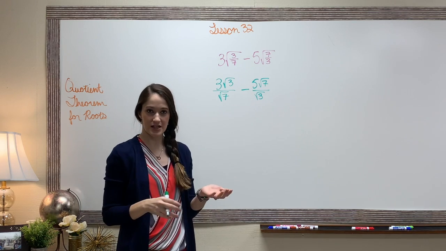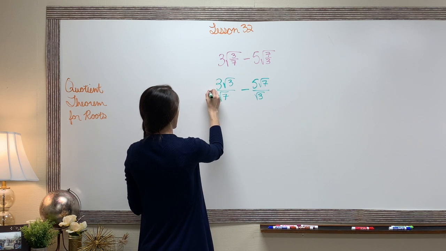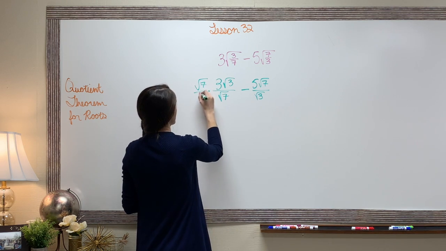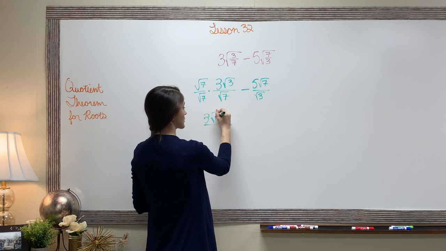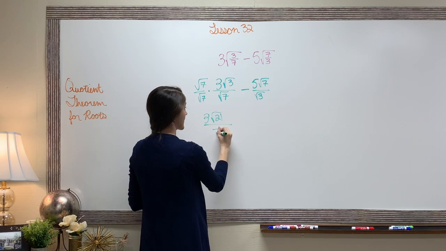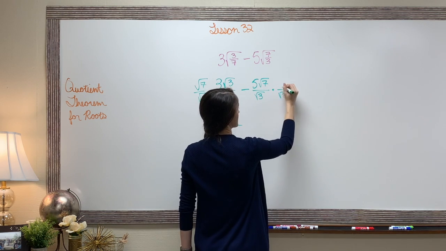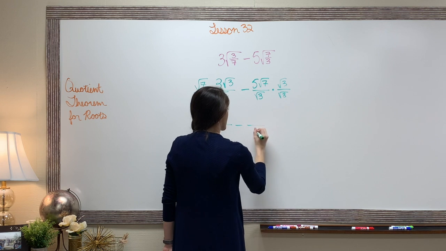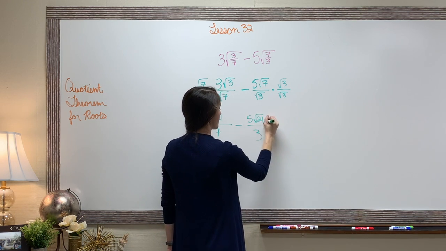And then we're just going to keep going like we have been. So this is going to be multiplied by root 7 over root 7, which will give me 3 square root 21 over 7 minus, and then this gets multiplied by the square root of 3 over the square root of 3, which will give us 3 in our denominator, and then 5 square root 21.